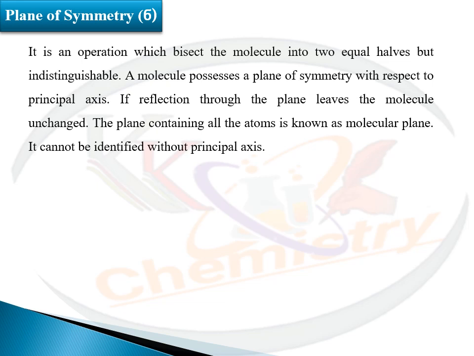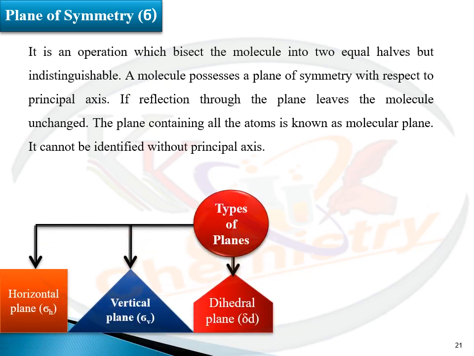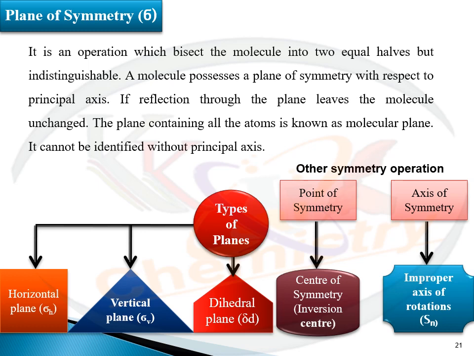Just like you put an object in front of a mirror, and you can see the image of that object in the mirror. I mean it has reflected the image. So this is called a plane. We have different types of planes like dihedral plane, vertical plane, horizontal plane. There are some other operations as well, like point of symmetry or center of inversion, axis of symmetry, or improper axis of rotation.